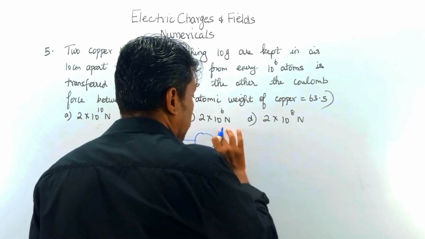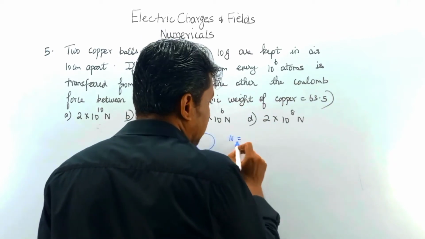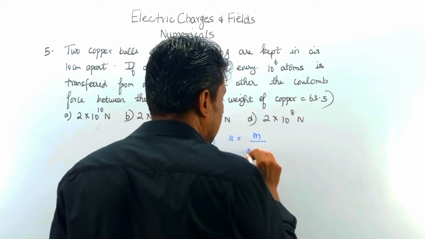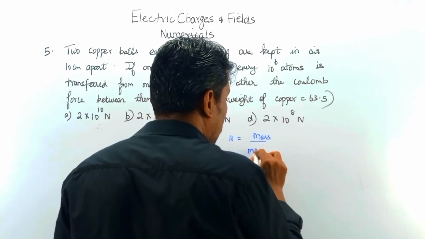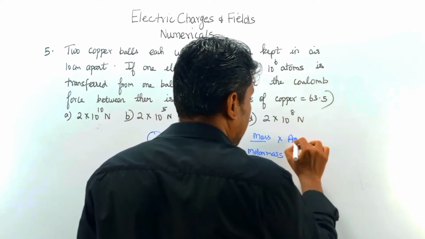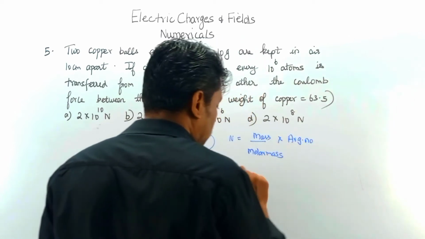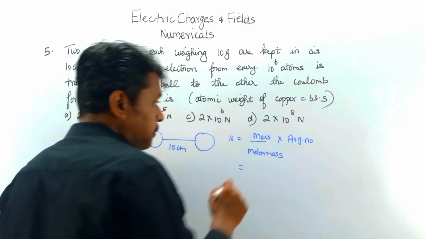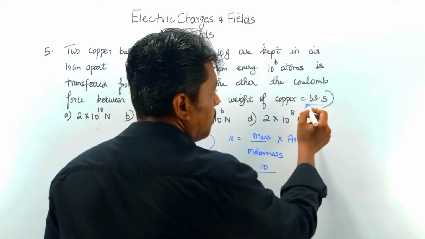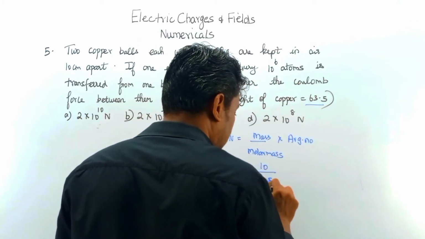So first of all, we are going to find the number of atoms. The number of atoms is given by the given mass divided by the molar mass or atomic weight, into the Avogadro number. The mass is given as 10 gram. Molar mass of copper is given as 63.5.